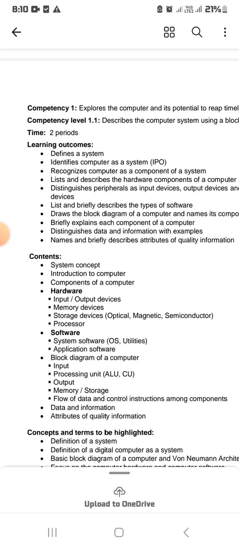Now I am going to define the system. A system is a combination of components. I had explained to you about the components. A system is a combination of components that work together to fulfill a task. You can take an example.